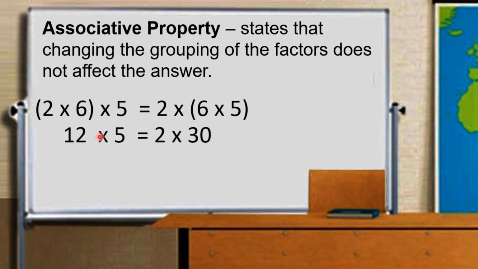Let us solve. So 2 times 6 is 12. Times 5 equals, and then dito sa kabila, 2 times 6 times 5 equals 30. Let's get their product. So, 12 times 5 is 60, and then dito sa kabila, 2 times 30 is 60 also.